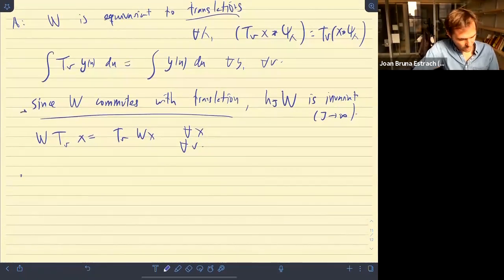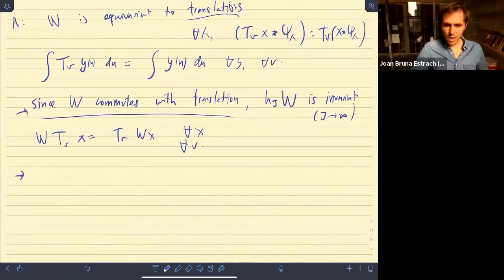Now, of course, you can ask the question: if this picture was true not only for translation, but for deformations, then I would be in business. Because I know that the low-pass filter is stable to deformations.